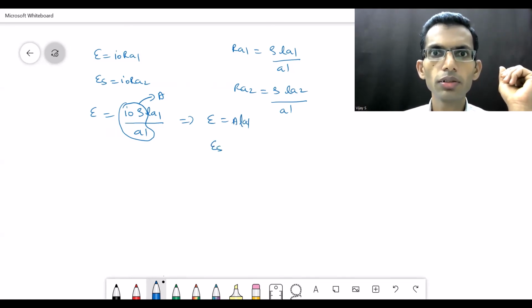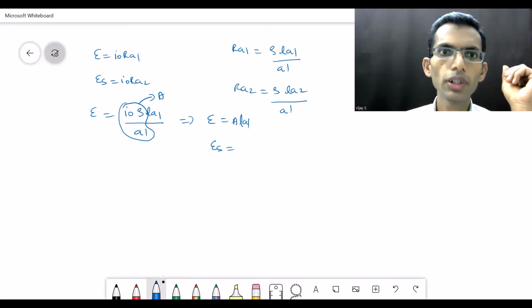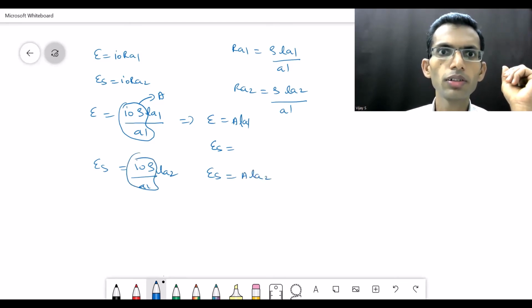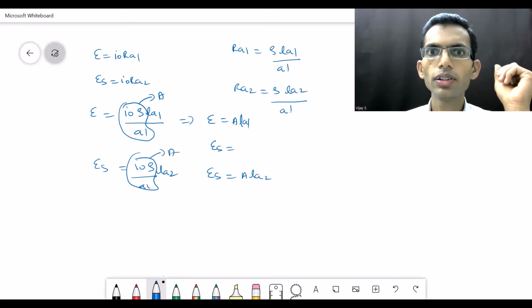Similarly, ES is equal to I naught rho A dash into LA2. So ES is equal to A into LA2.